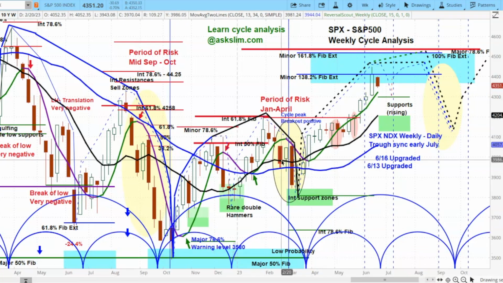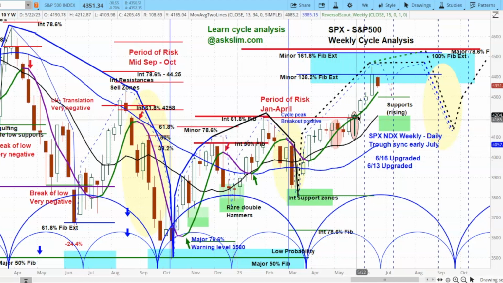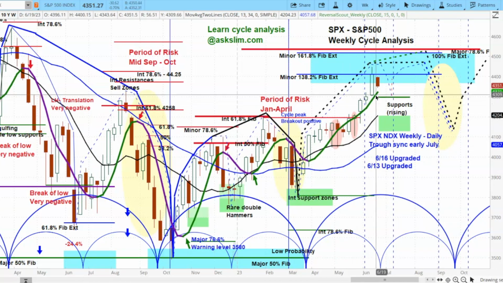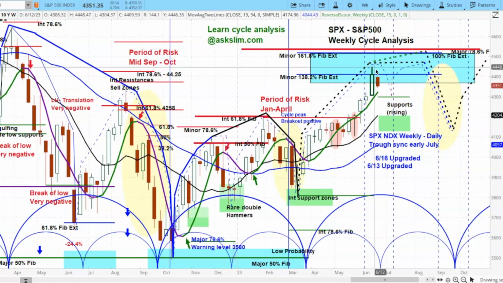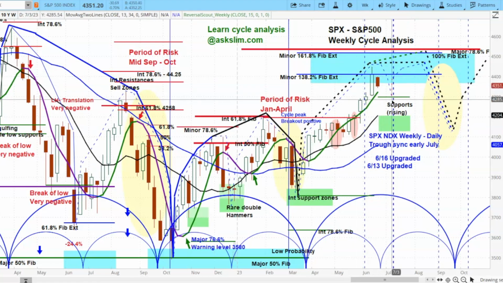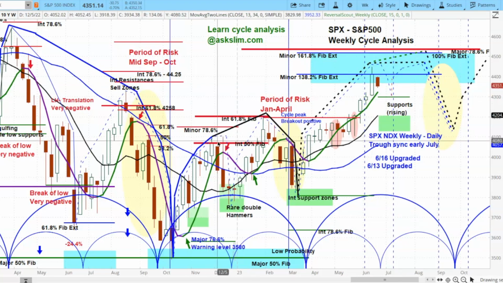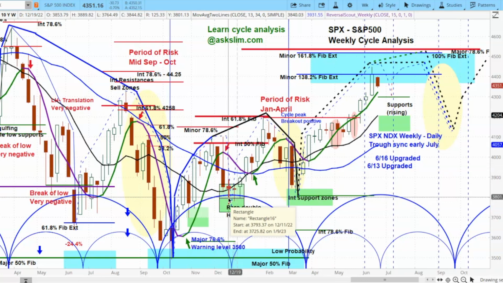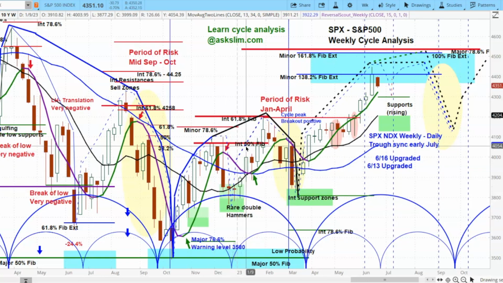Now, when the first half is this strong, and this is the reversal scout showing you the strong upside momentum, then the longer it stays up, the more brief the corrective period, as you see over here. This doesn't leave much. It is similar to what you saw over here, where it corrected for 2 or 3 weeks and then began to move up sharply again.